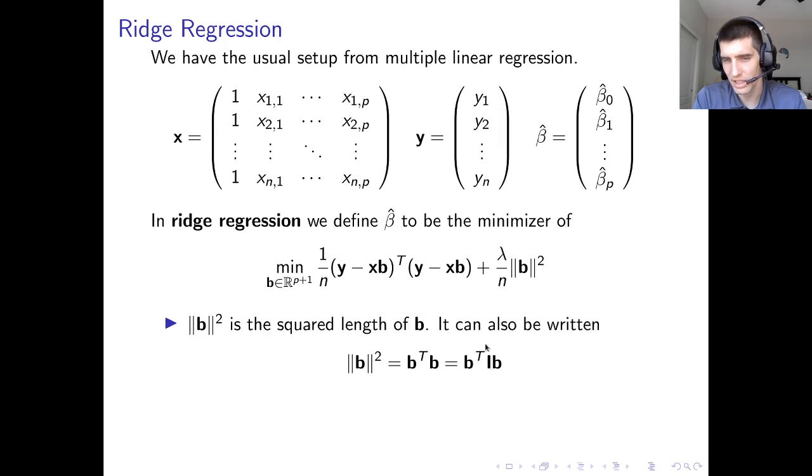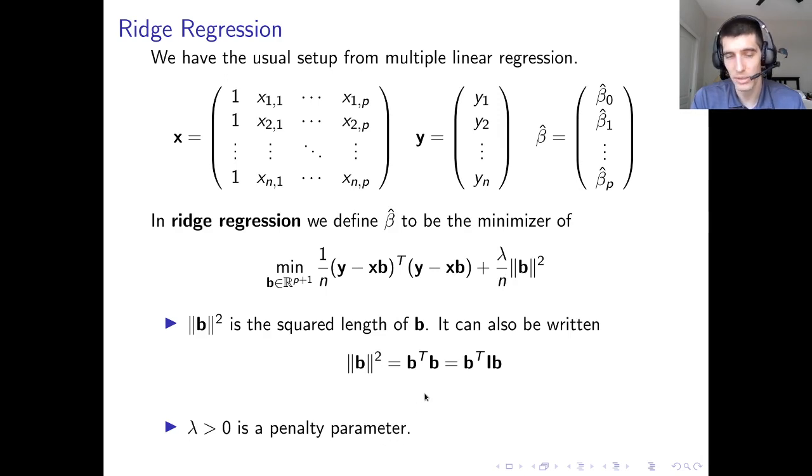I can put an identity matrix in there if I want. This will be convenient for algebra later on. But what this is, is the inner product of b with itself, i.e. the sum of the squared entries of b. Okay, so what we're doing is adding this penalty with coefficient lambda, for some scalar lambda. We're adding a penalty on the coefficients of b and minimizing this instead.